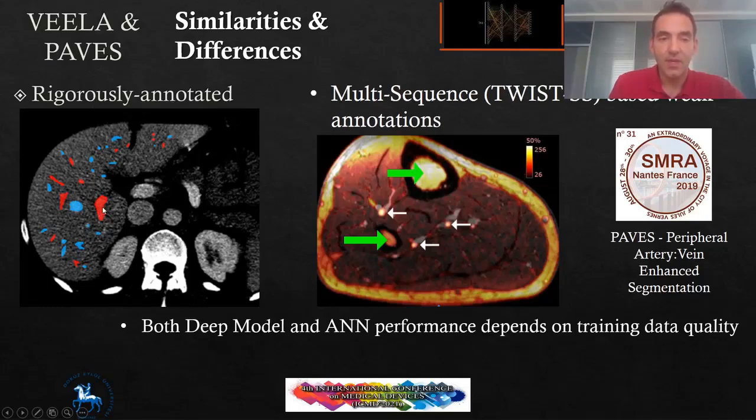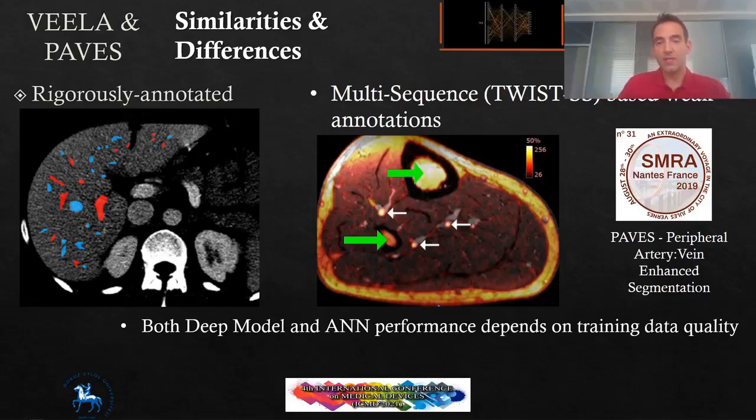Reds are hepatic veins, and blues are the portal veins. And on the right-hand side, you see another kind of annotation that is from the PAVES challenge, the peripheral artery vein enhanced segmentation challenge. This is a challenge that is organized by the 31st Society of Magnetic Resonance Angiography Congress.